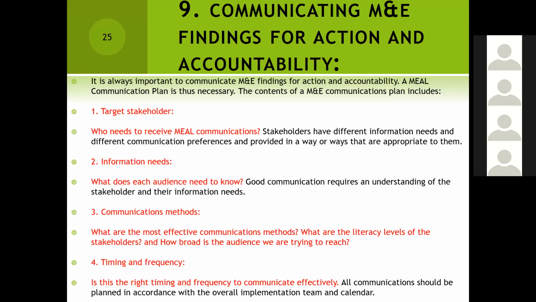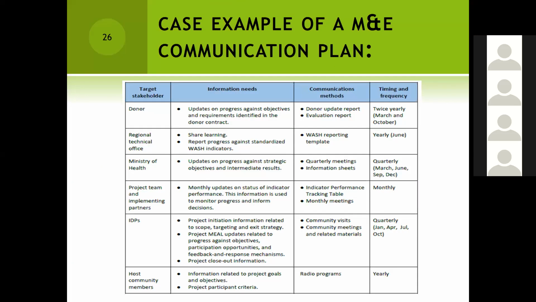And I have also added a case example of an M&E communication plan for a sample project. Basically, you can see it identifies the target stakeholders that you will have. That is the donor, the technical office, the Ministry of Health, project team, the implementing partners, and the beneficiaries for this project. In particular, there were IDPs, that is internally displaced persons, and also host community members for some of these IDPs.